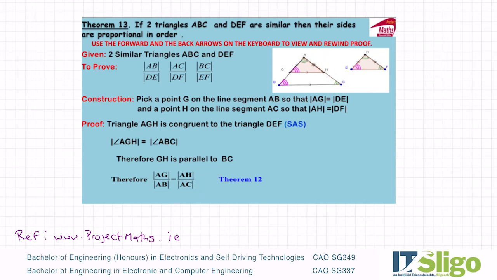That's what Theorem 12 told us. If it cuts one side in the ratio, then it cuts the other side in the same ratio. And that's why they have that statement there with the reason after it, Theorem 12. AG over AB is equal to AH over AC.